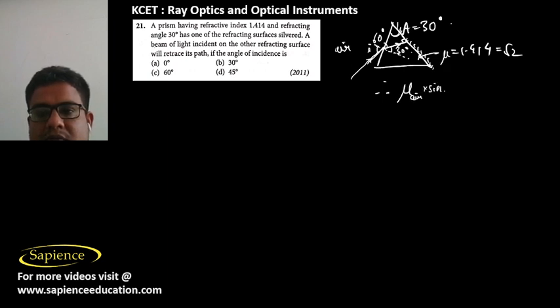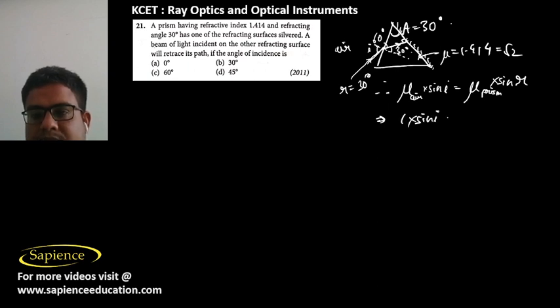Refractive index of air into sin i equals refractive index of the glass of the prism into sin r, where the angle of refraction is 30. That is 1 into sin i equals root 2 into sin 30.